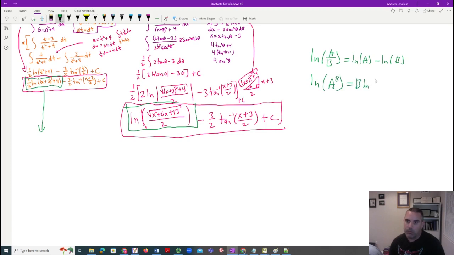And the most important one is this second one, because this is what you use every time you're solving an exponential equation. So in this case, we have a 1/2 out in front, so you can write it equivalently as a square root. So the first answer I gave could have been written as the square root of this thing. And now the answers look similar, except for this 2.